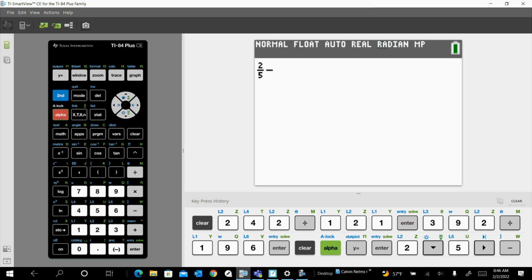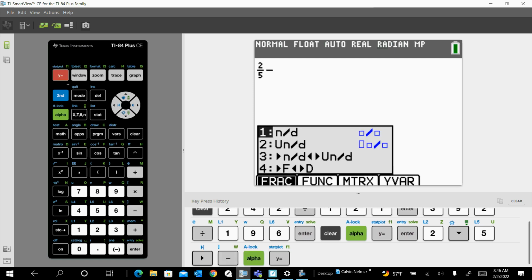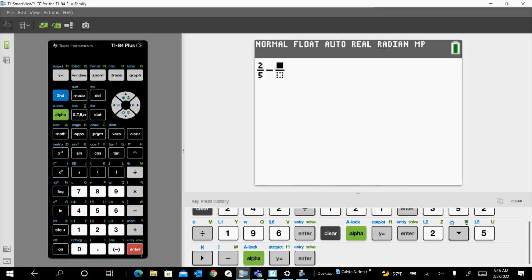So I do alpha, Y equals again, hit enter to get my fraction box. 1 is in my numerator on the top box. I arrow down. I put the 3 at the bottom box. I arrow to the right.